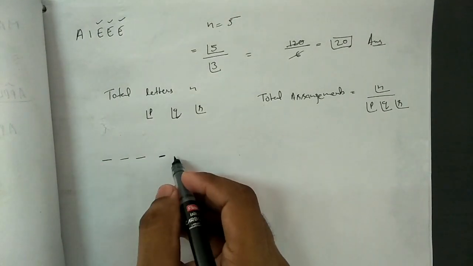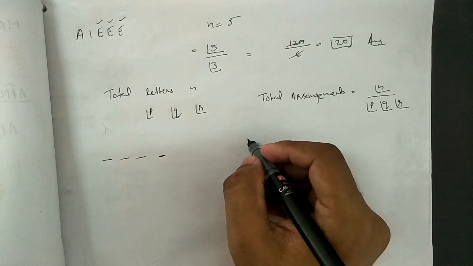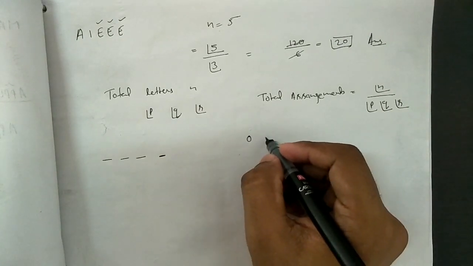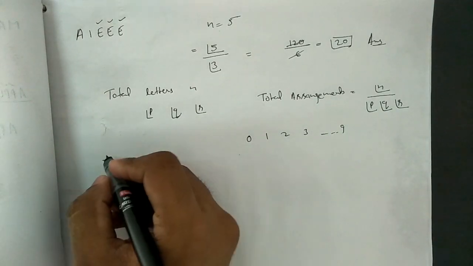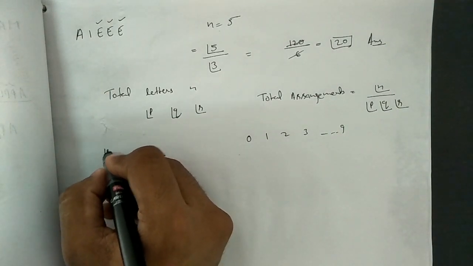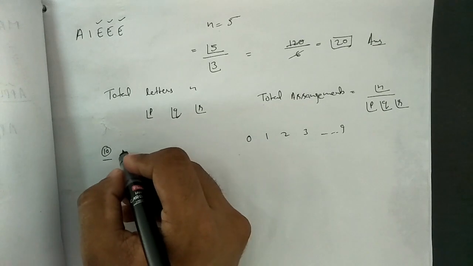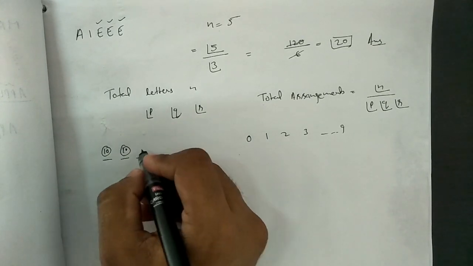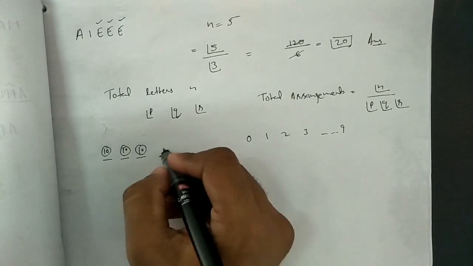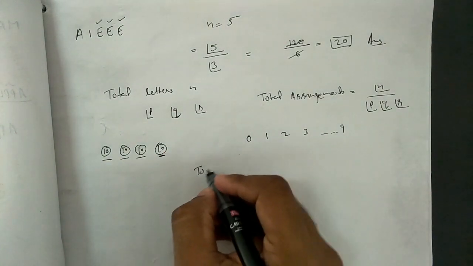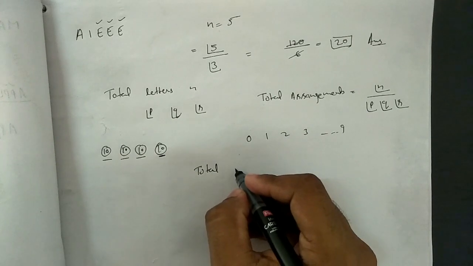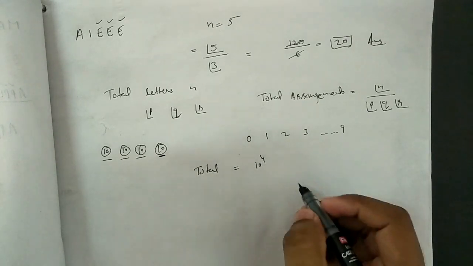So we have 4 places and we can fill them with the numbers 0, 1, 2, 3 up to 9. So we can fill this place in 10 ways. We can also fill this place in 10 ways. Similarly here 10 and here 10. So the total number of arrangements will be 10 to the power 4.